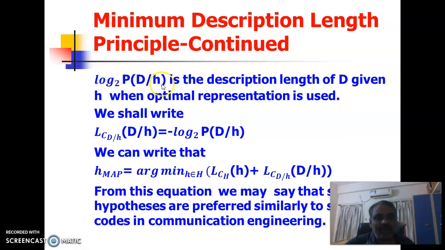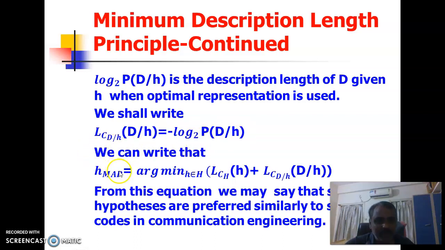Now minus log P(D|H) to the base 2 is the description length of D given H, when again optimal representation is used. We shall write L_CD|H(D|H) is equal to minus log P(D|H) to the base 2.